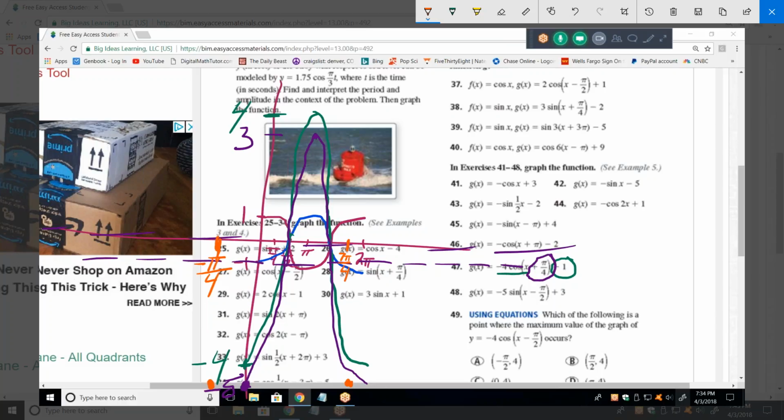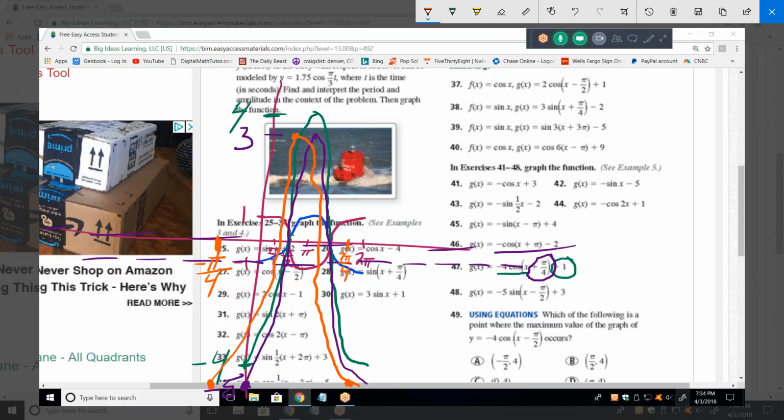The period is still 2π, but figure out where your ending point's going to be. And now all I have to do is draw that purple curve between those 2 points. And the purple curve, this point, is also going to move over by π/4. The crossing points, who knows where they're going to be, but they didn't ask for all that. They just asked us to graph it. That's the way it's done.